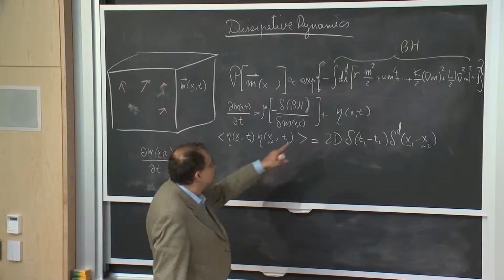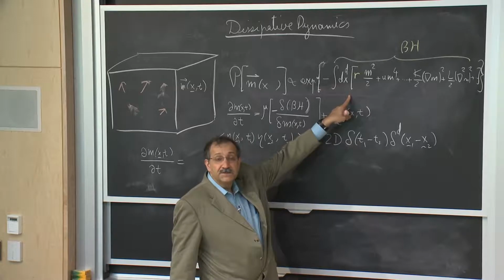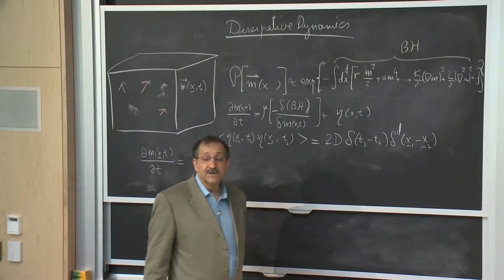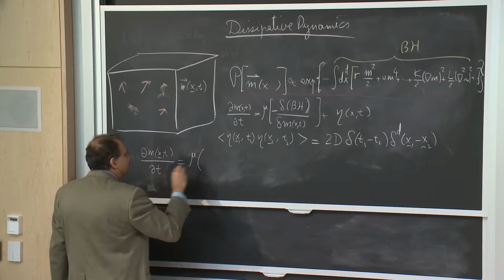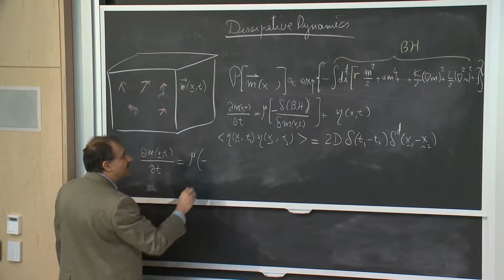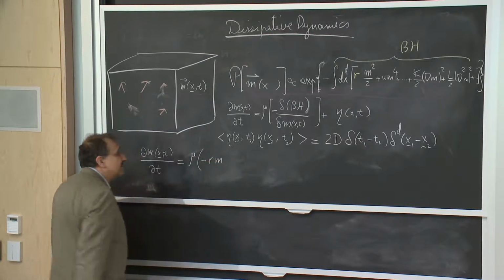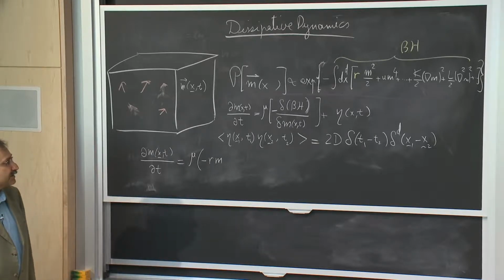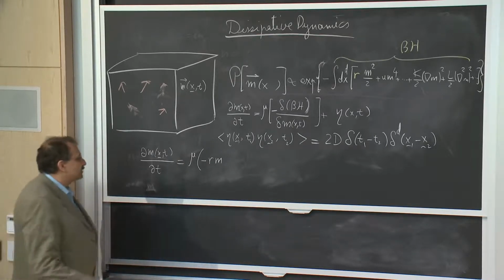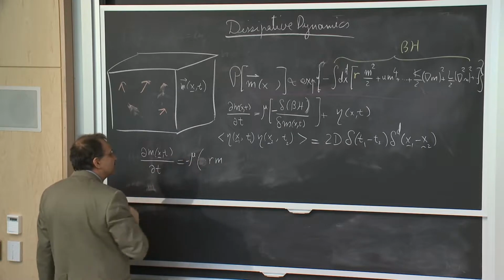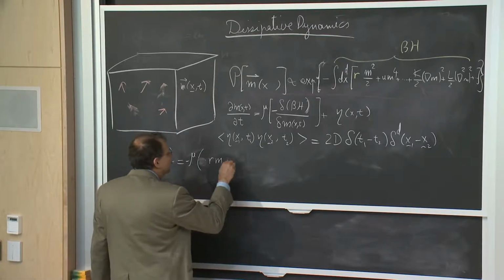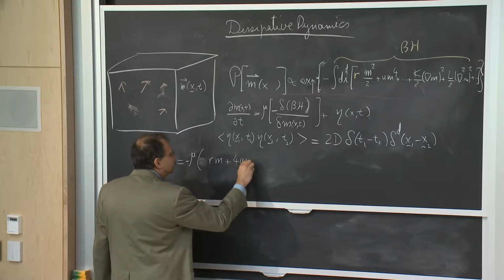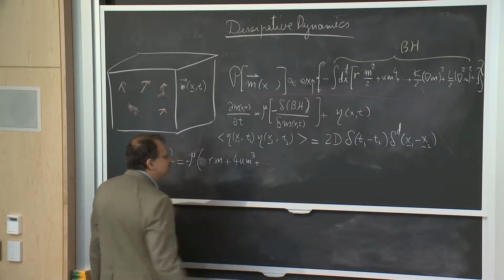So I have to take a derivative of this. First of all, I can take a derivative with respect to m itself. I will get minus rm, and then, well, actually, let's put the minus out front. And then I will get the derivative of m to the fourth, which is 4u m cubed, all kinds of terms like this.